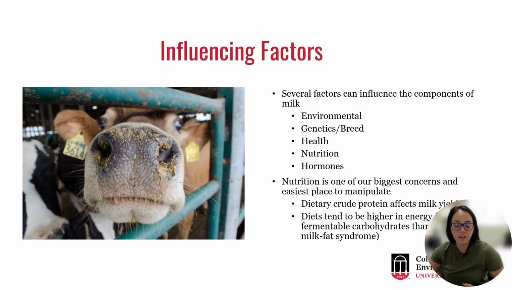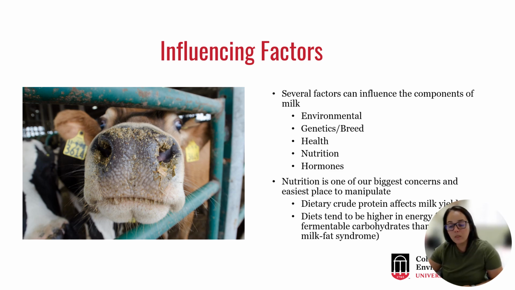And then obviously the health. If we have an unhealthy cow, she's going to be using whatever nutrients she has in her body to keep herself healthy, and probably not be producing milk. So her health is very important to her ability to produce good milk consistently.